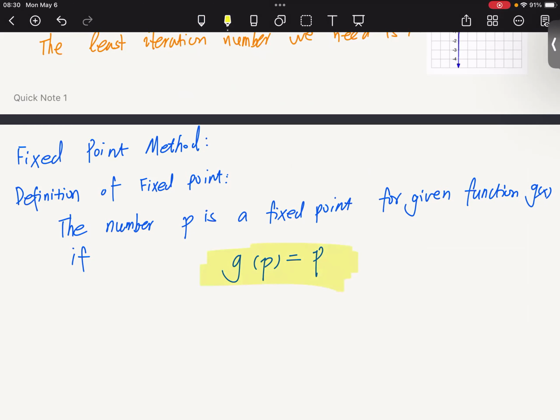You can definitely see why we call this a fixed point: we evaluate the function at this point, and it doesn't change the value, it just stays there.